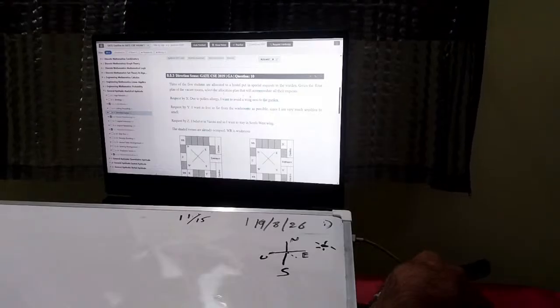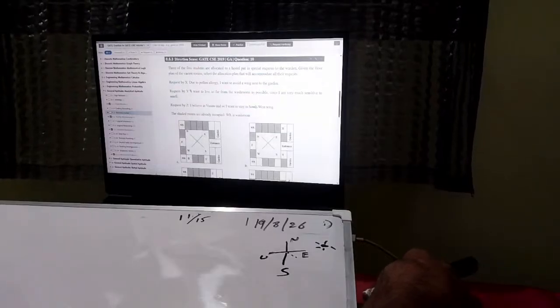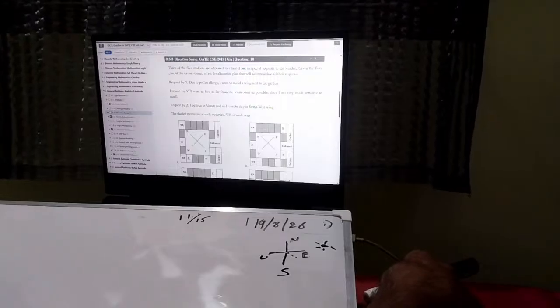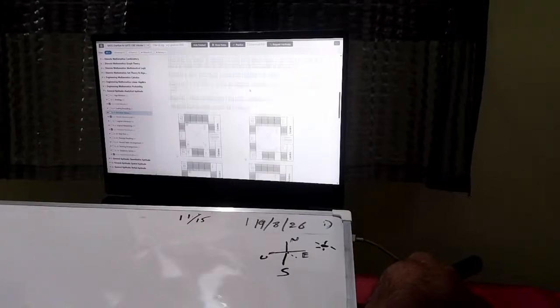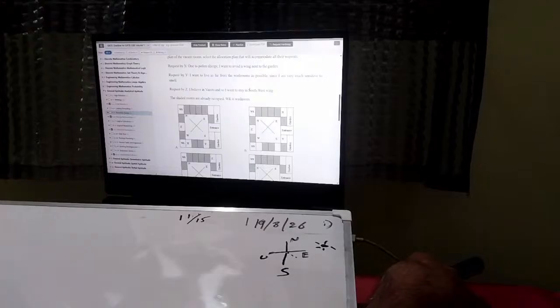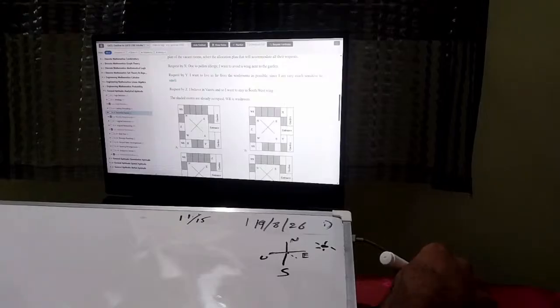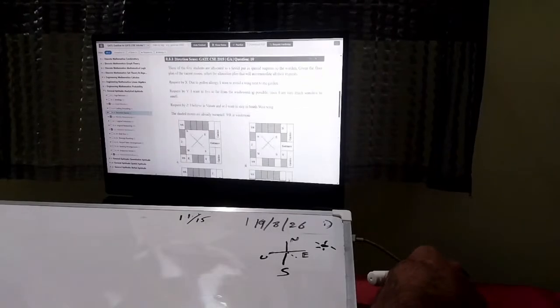Select the allotment plan that will accommodate all the requests. X requests: due to pollen allergy, I want to avoid a wing next to the garden.